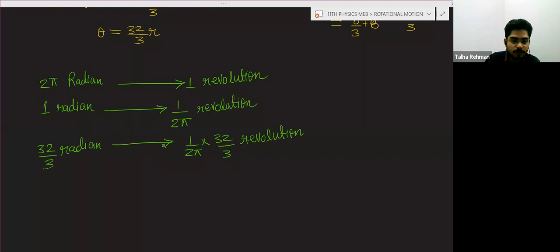So the number of revolutions made by the rod is equal to this value, 32 divided by 6 pi.